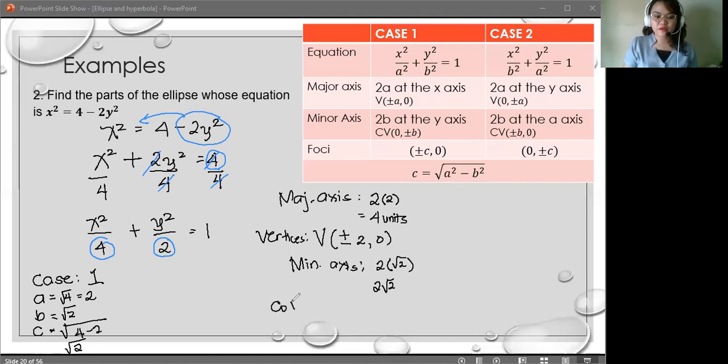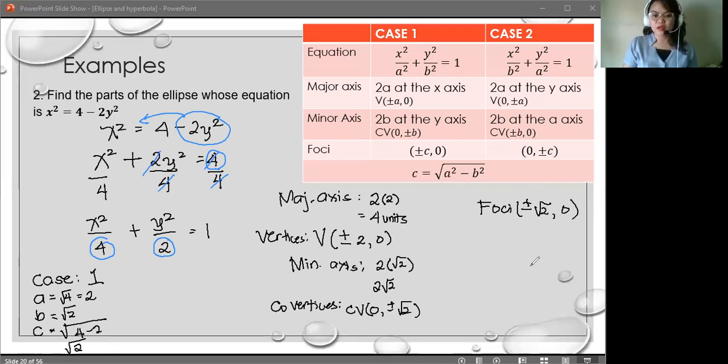For the co-vertices, we have CV at 0, positive, negative b. So 0, positive, negative square root of 2. Next, for the foci. For the foci, we have positive, negative c, which is also the square root of 2, comma 0.